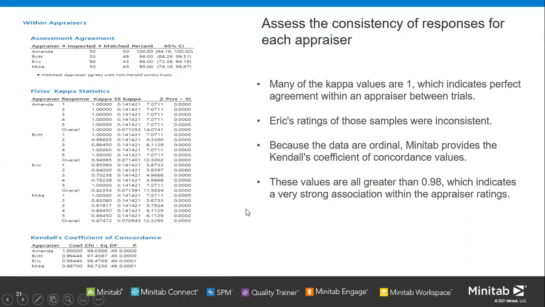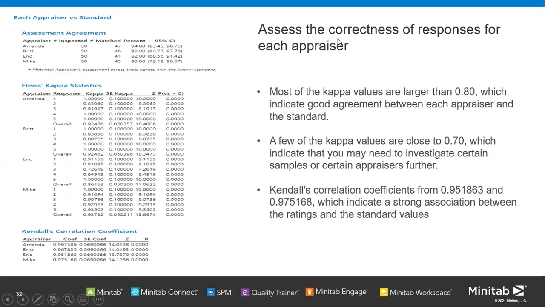Next, we assess the correctness of the response for each appraiser. We look at the appraiser versus the standard. The same, we have the Kendall coefficient, which is the association between the rating and the standard value.